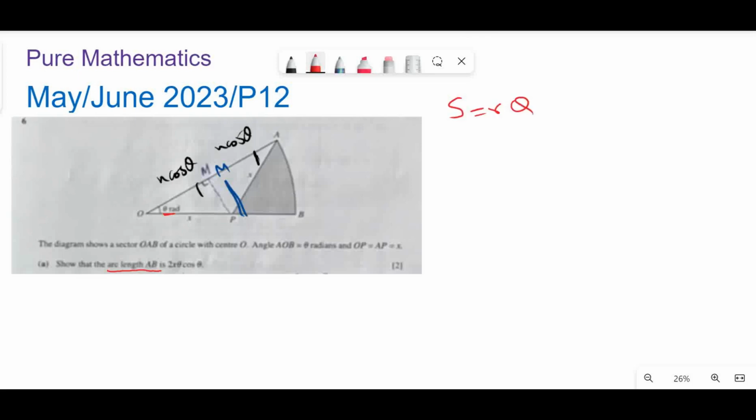Now this is the formula, and we know that the angle theta is given to us, but we don't know the radius, and the radius is from O to A. Now how to find this radius? We can use this hint: OP is equal to AP is equal to X. So we will use this concept, and let's draw the diagram.